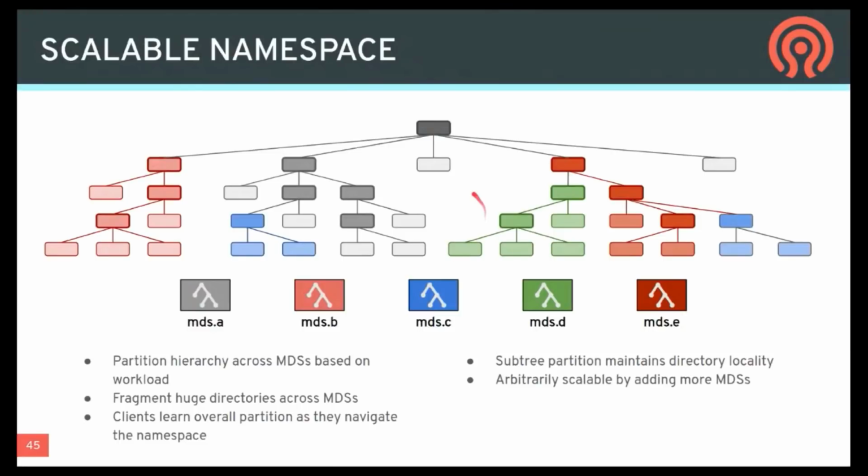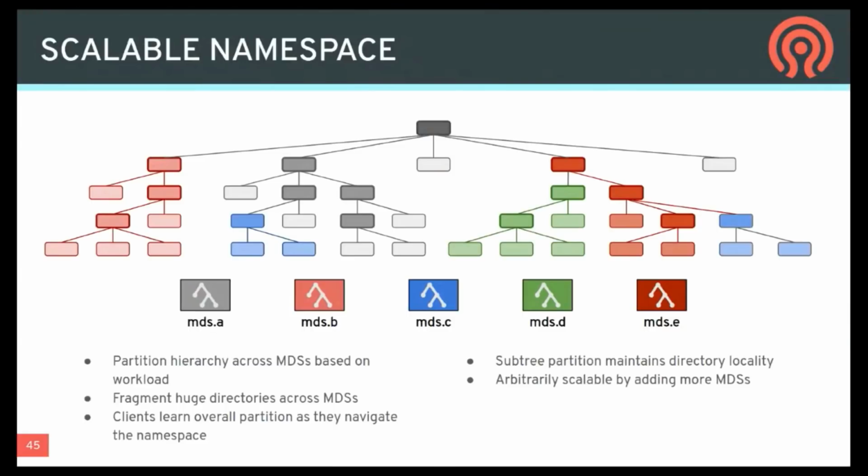So if you have 1 billion files in this file tree and you're not actually looking at them, you might not even load them into memory, and they might all technically be owned by a single metadata server. It's not until you actually start accessing data and loading that metadata into the metadata server's memory that it starts consuming resources.